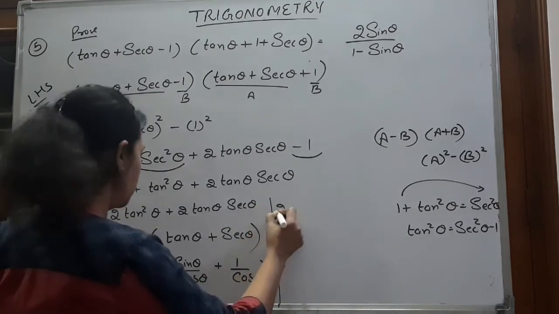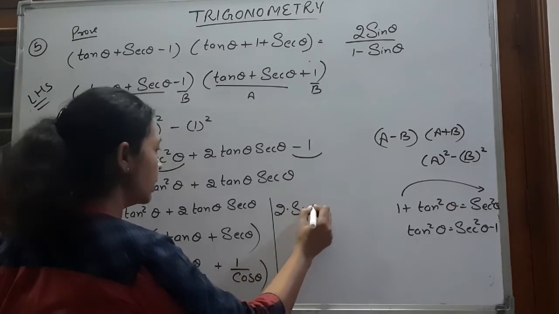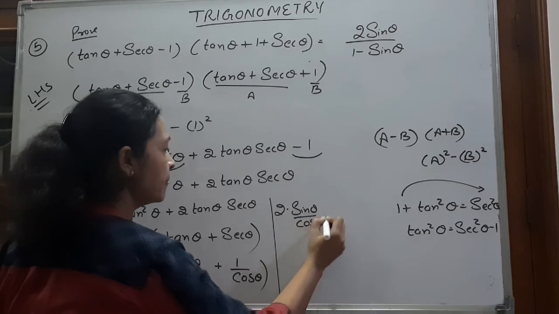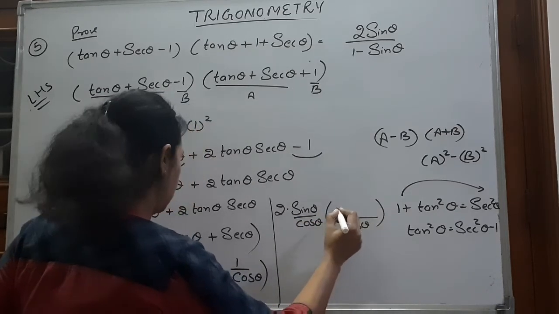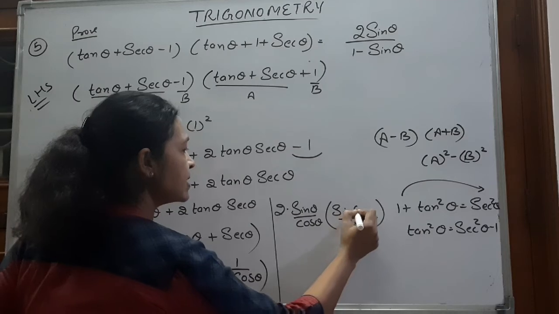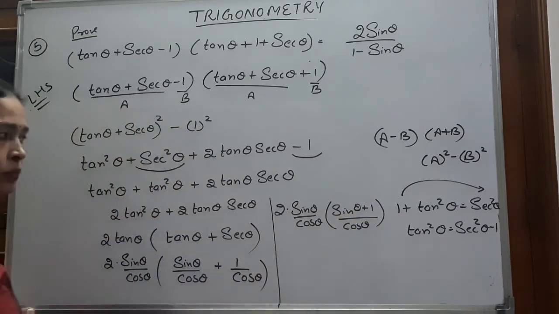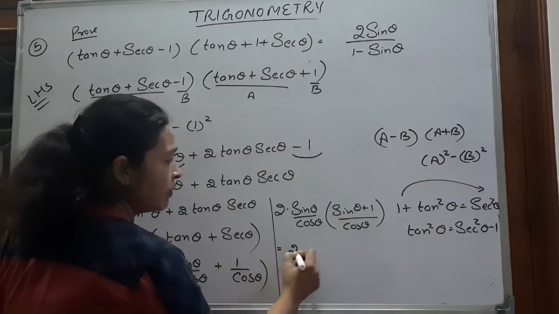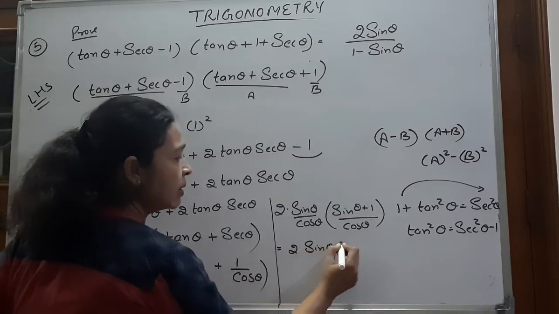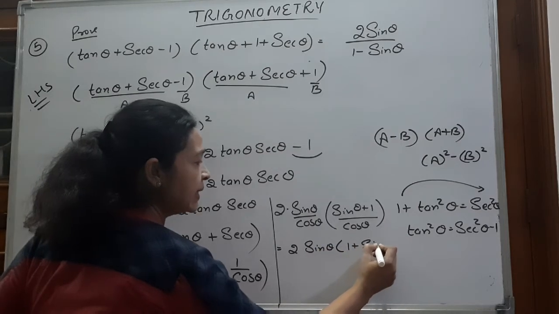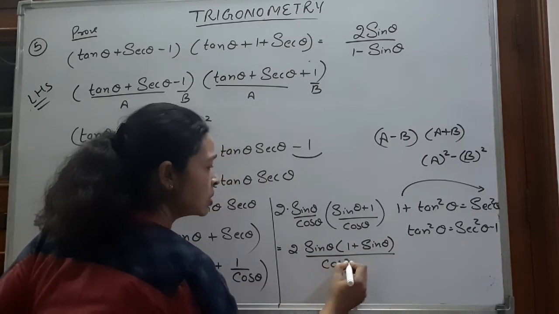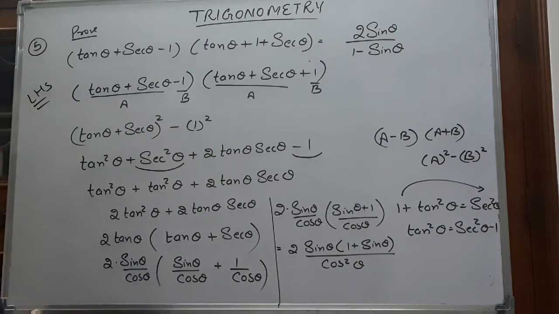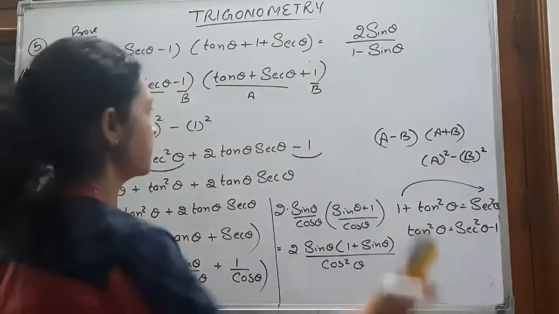So we have 2 into sin theta upon cos theta. Taking LCM cos theta. Here we get sin theta plus 1. Now, what will we get? 2 times sin theta. Here we have 1 plus sin theta upon cos theta into cos theta. Cos square theta. Pause the video and note it down.